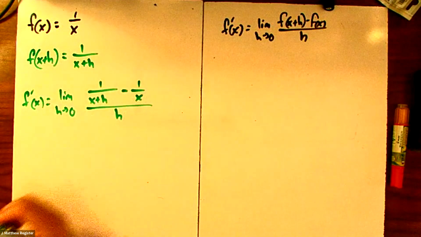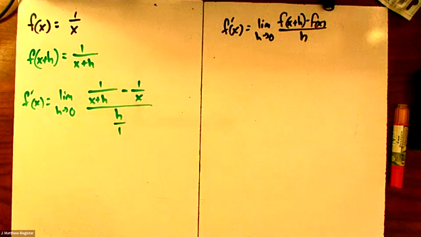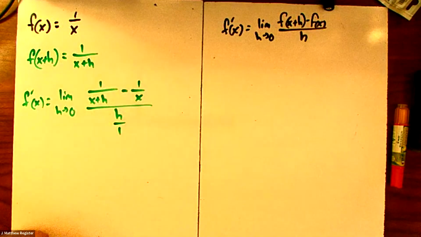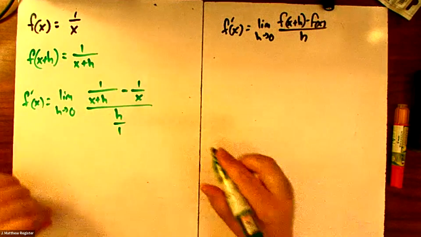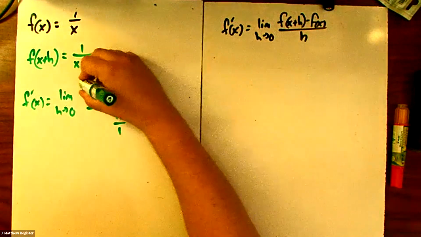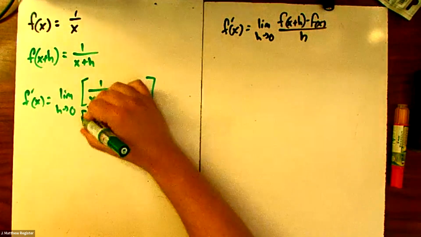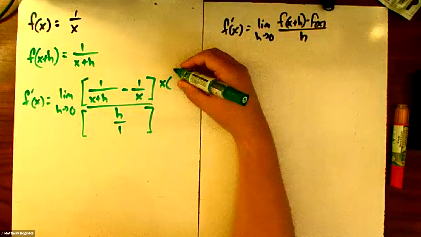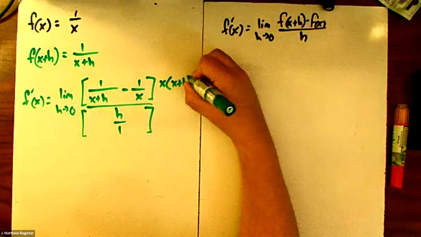And hopefully you recognize this as a complex fraction because there are fractions inside of a fraction. In order to clean up a complex fraction, the best strategy is to multiply the top and bottom by the common denominator. In this case, x times x plus h.